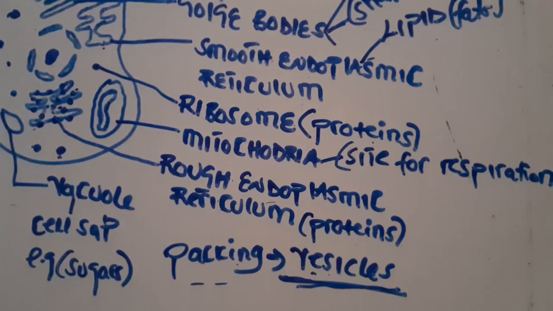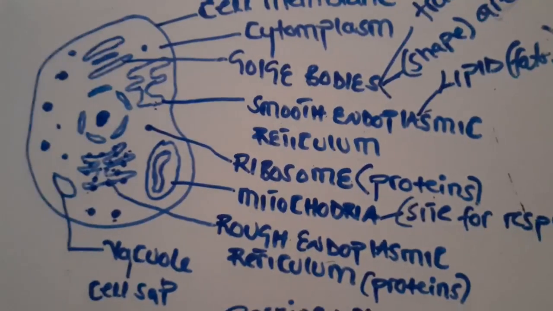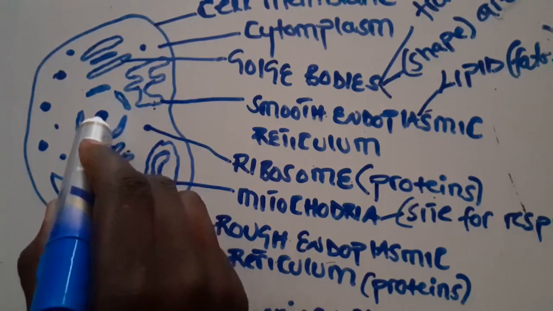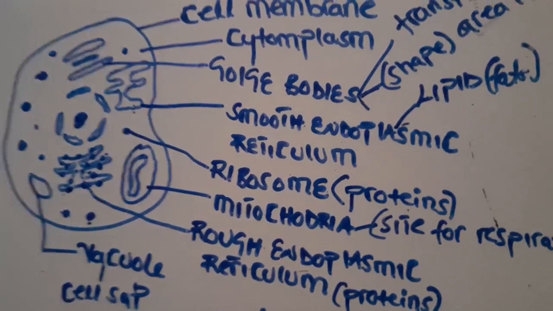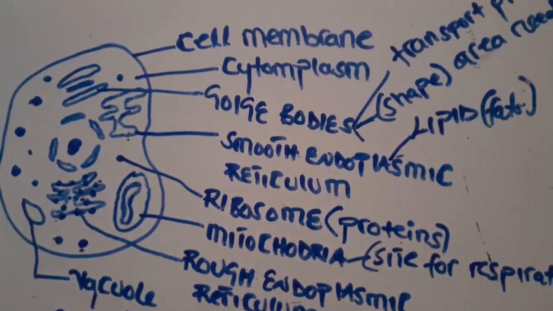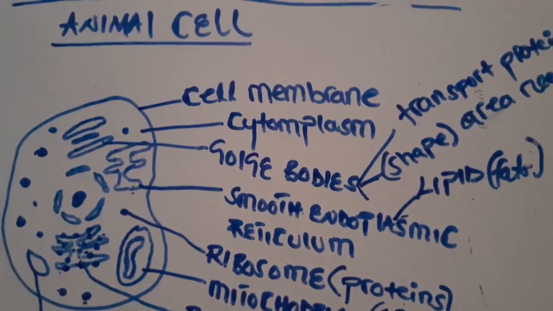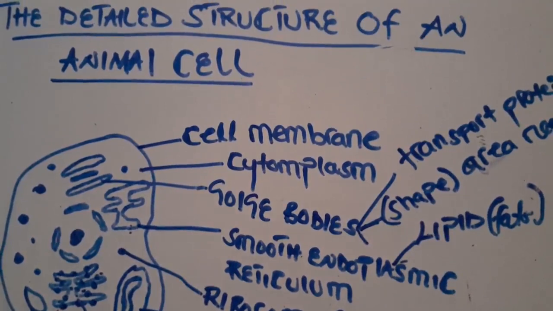And last but not least, this part is called a nucleus. The function of the nucleus is to control all the activities of a cell. So these are the parts of a detailed structure of an animal cell, and so of a plant cell.